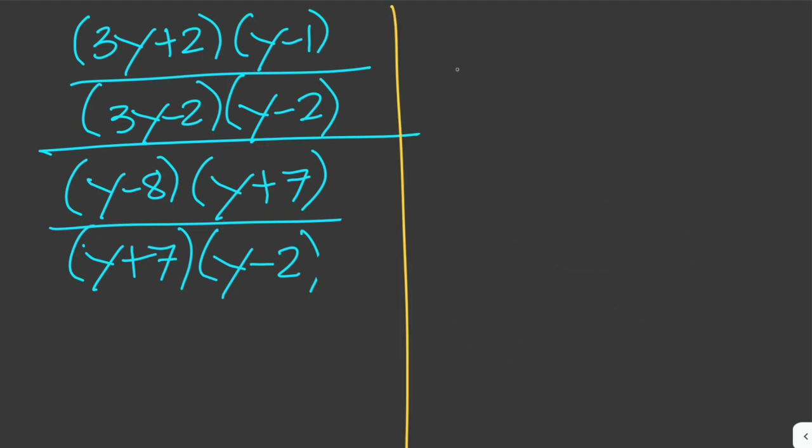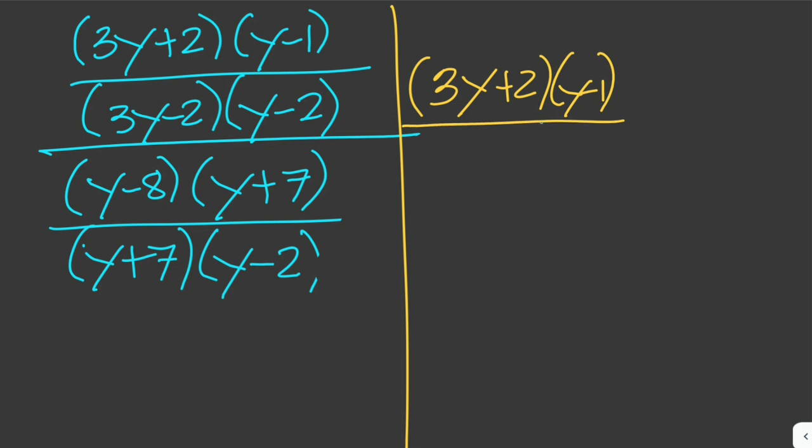And now we can further write this as 3y plus 2 times y minus 1 over 3y minus 2 times y minus 2.